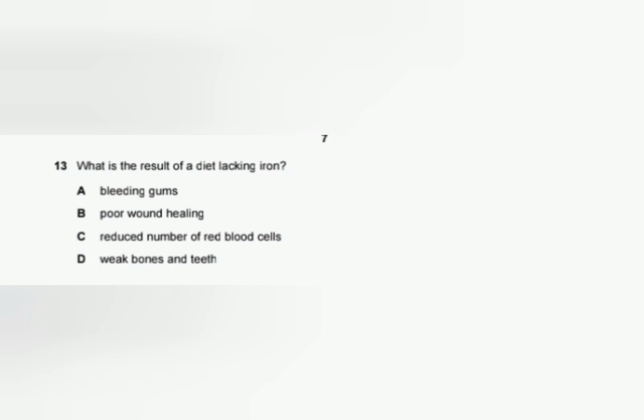This one is caused by the lack of vitamin K. Then as for reduced number of red blood cells, yes, this one is the correct answer, which is C. Then the last one, weak bones and teeth. That one is calcium and vitamin D. So the answer is what? C, which is reduced number of red blood cells.